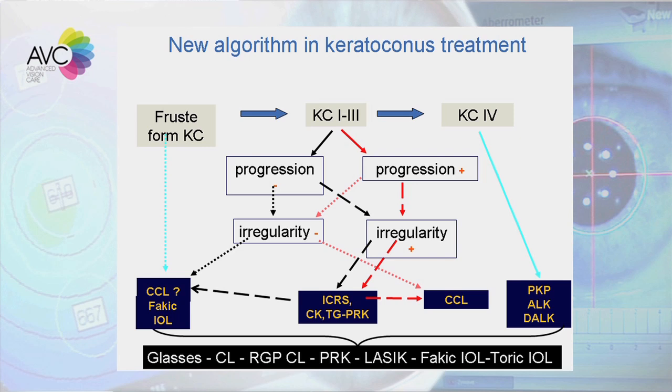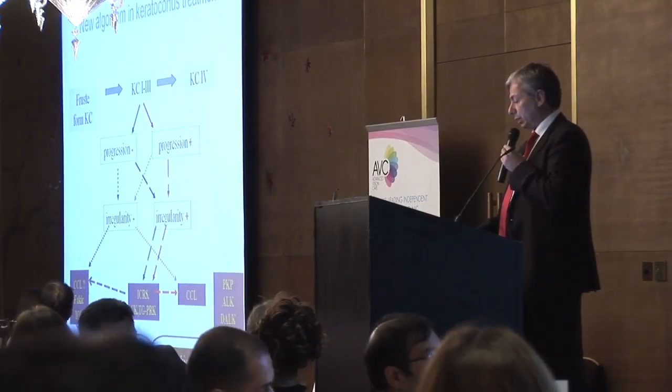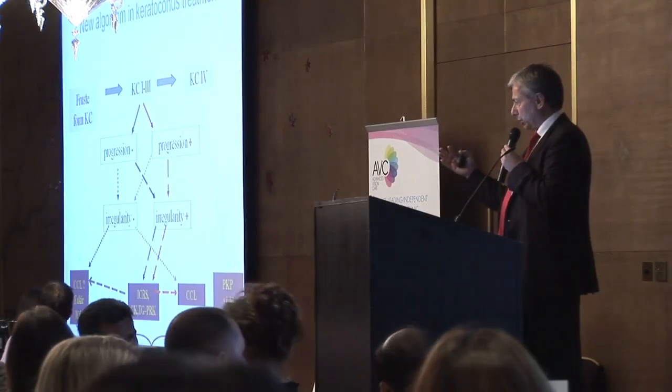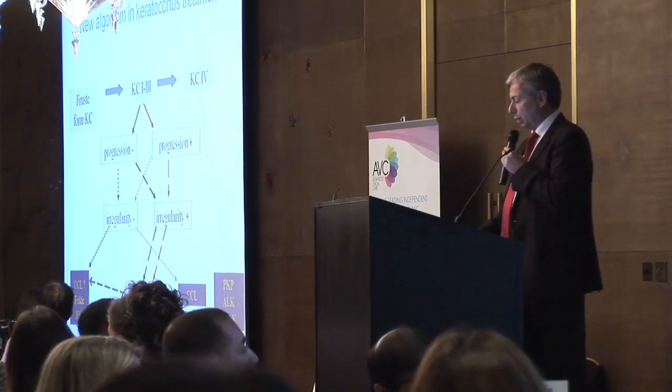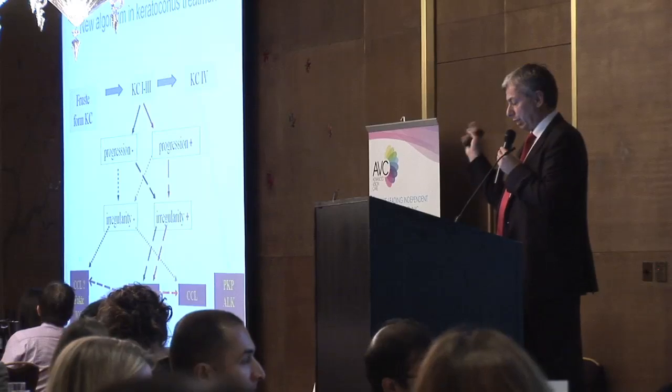And in case there is no possibility of this treatment, we are going for keratoplasty, usually DALK. And then in the second step, we treat the patients with refractive treatment, and we are using toric IOLs, PRK, LASIK, phakic IOL in general.